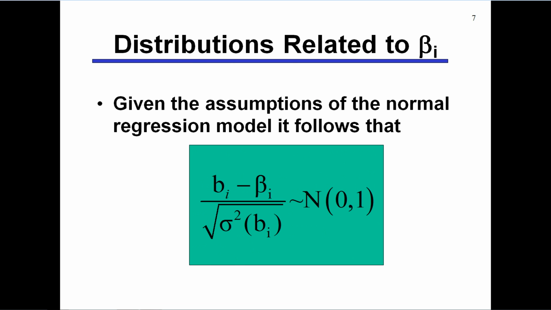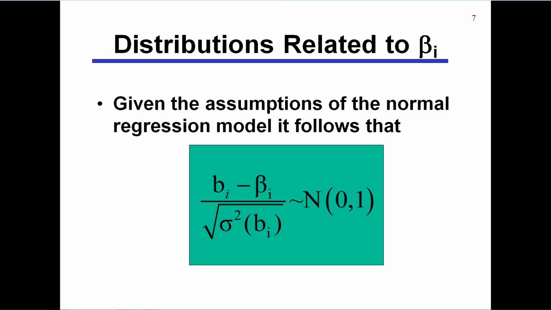We could subtract off the mean and divide by the standard deviation, and because the b sub i are linear combinations of the observations, that is, they are normally distributed, we know that the statistic b sub i minus beta sub i divided by the standard deviation of b sub i would have a normal 0, 1 distribution.